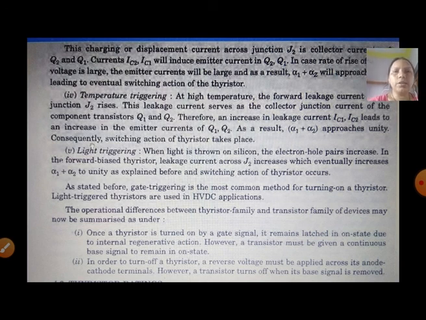By considering component transistors, that means how the component transistors operate, and how emitter current increases, and then how with the increase in emitter current, alpha 1 plus alpha 2 approaches unity, and then the forward anode current of the thyristor rises to the infinity level, and then the thyristor switches from off state to on state. This is all we discussed under the two transistor analogy.